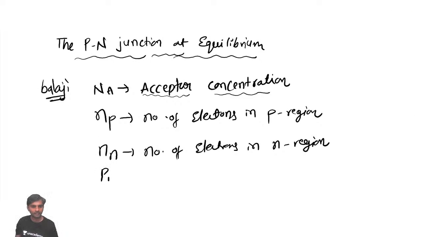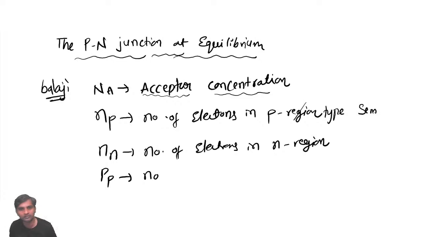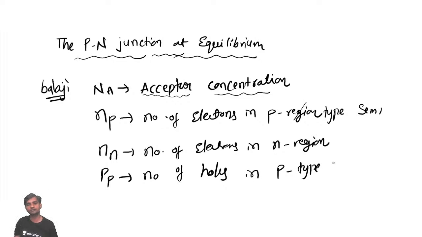Similarly, what is PP? Here we have N-type semiconductor and P-type semiconductor. PP is the number of holes in the P-type semiconductor. What is PN? It is the number of holes in the N region.